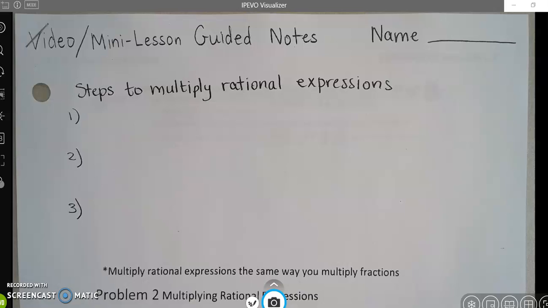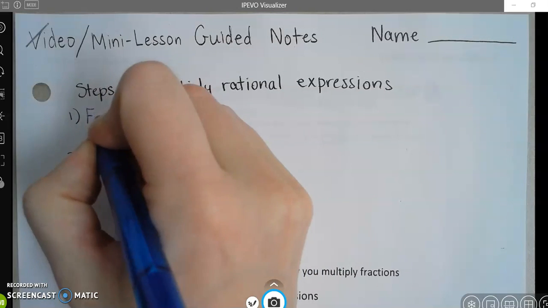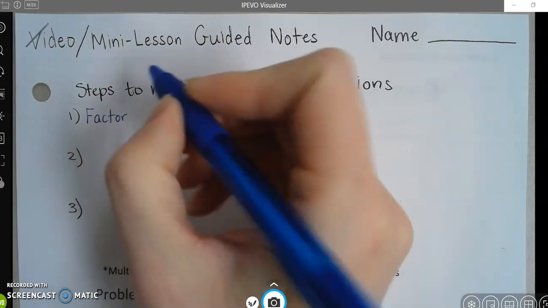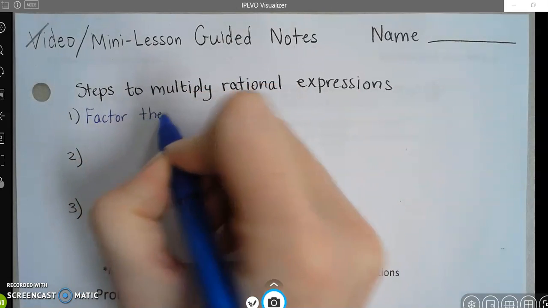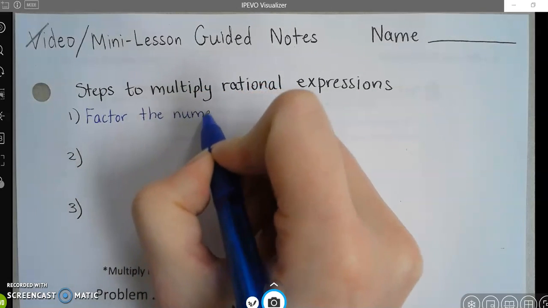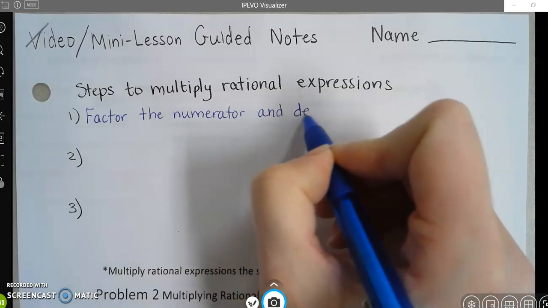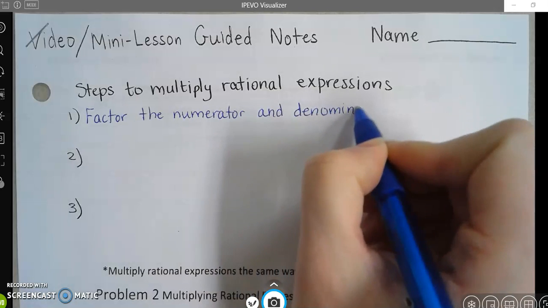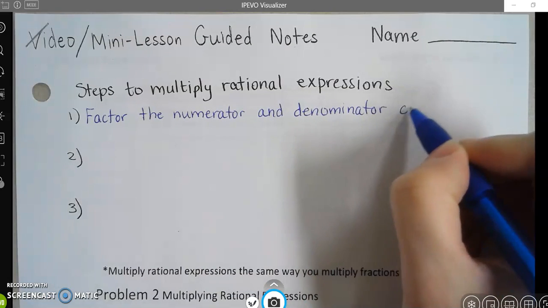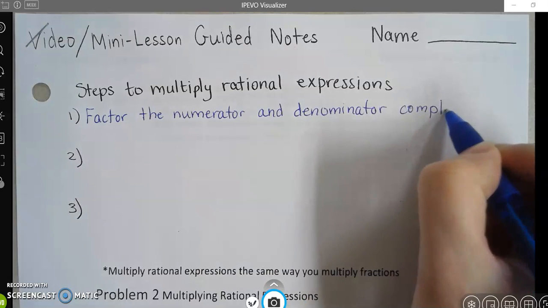Before we begin multiplying rational expressions, we are going to write down some steps to help us. So our first step is that we want to factor the numerator and denominator completely to make sure it's fully factored.